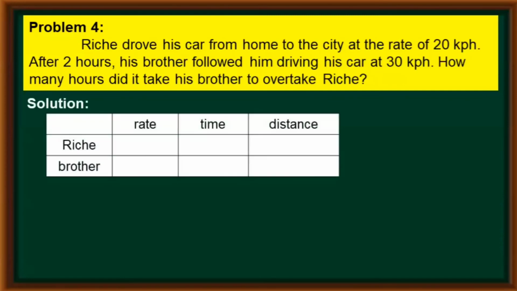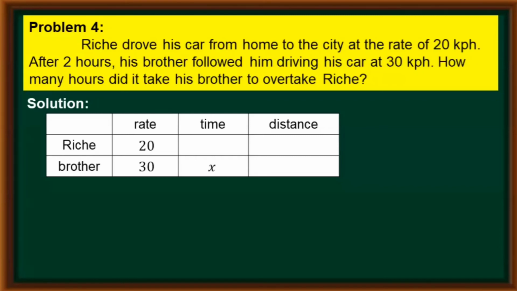Again, we organize the given data using a table. For Richie, he drove 20 kilometers per hour. And his brother drove 30 kilometers per hour. Since our problem asks for the number of hours when the brother of Richie will overtake him, we let x be the time traveled by his brother.